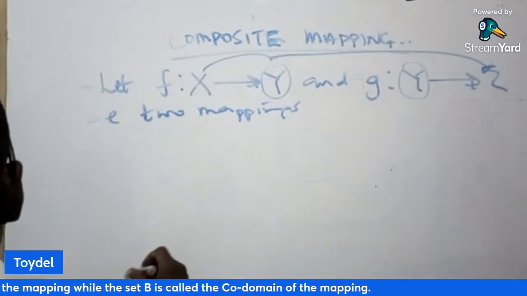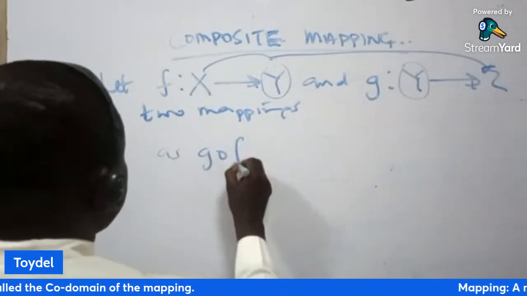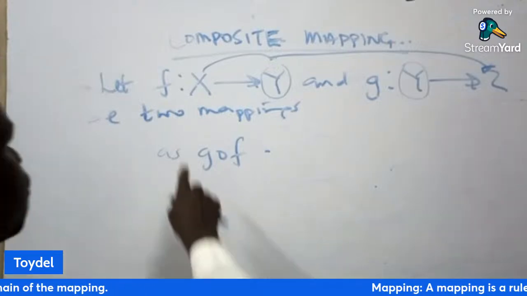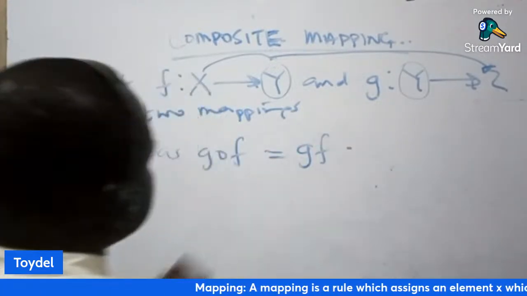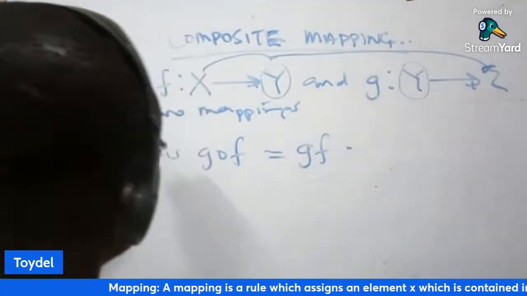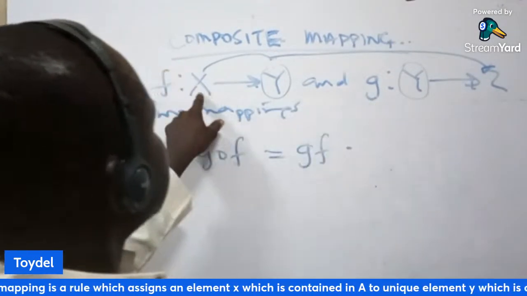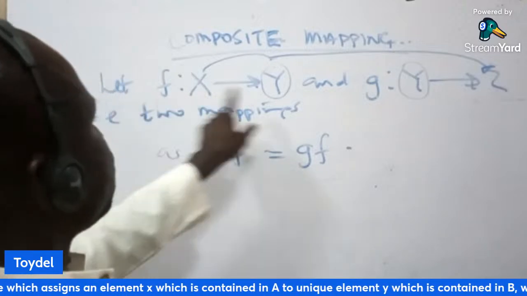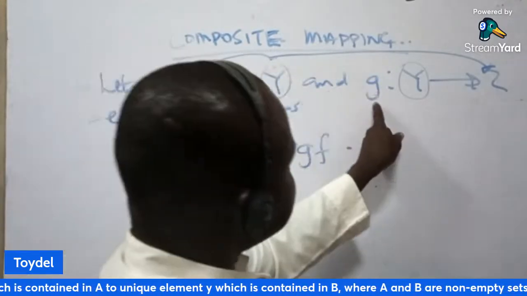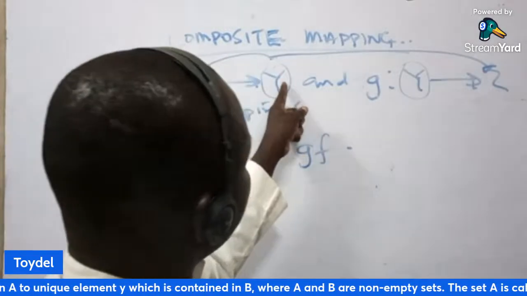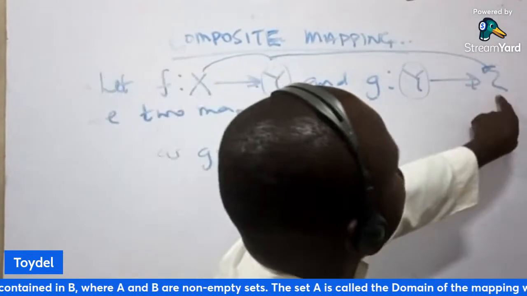If that is what we want to do, then we denote it as G of f, otherwise known as GF. In some textbooks, it is just GF. Under composite mapping, f is one relation, G is another relation. X is the domain of f, y is the codomain of f. Under G, y, which happens to be the codomain of f, is now the domain of G. Then we have the codomain z.